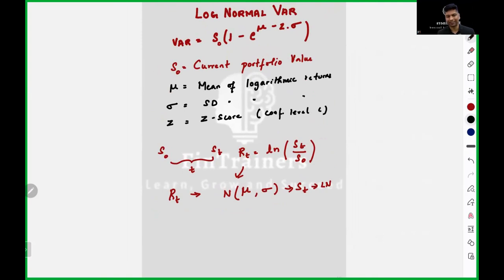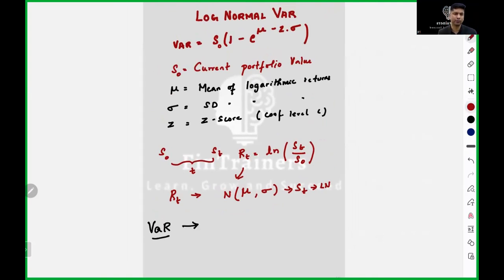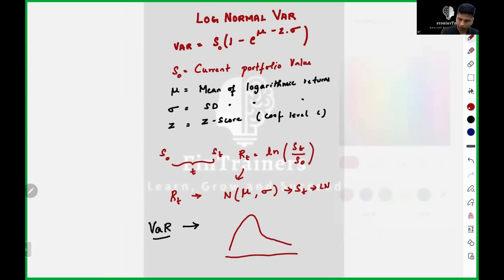Now let's go about and think about the VAR definition. So VAR, as we know, is a loss metric, which we usually use to say that up to this confidence level, this is the maximum loss. So here we are assuming that the stock is logarithmically distributed, which means it's bounded on the left side at 0. Now what we are trying to understand is this value.